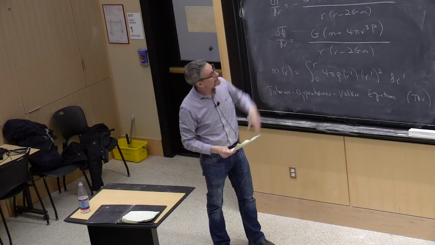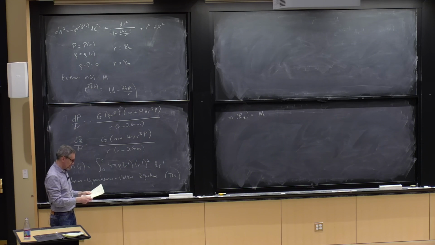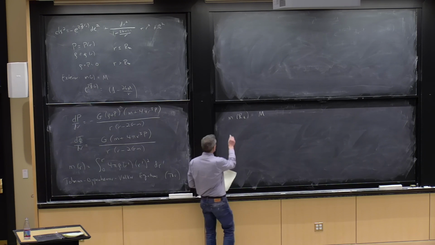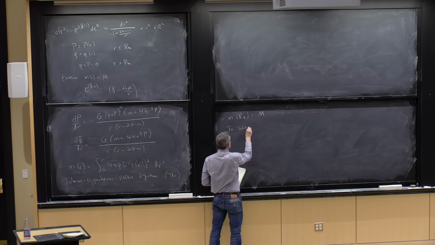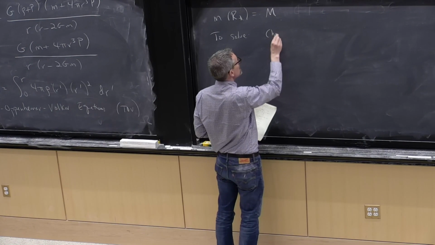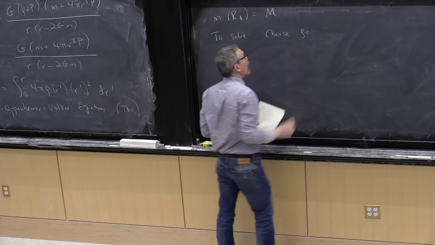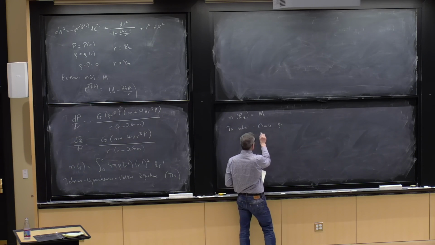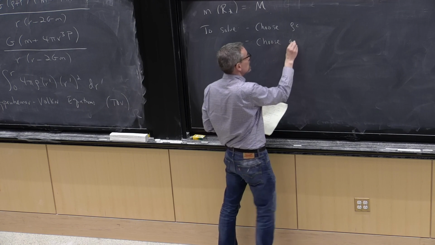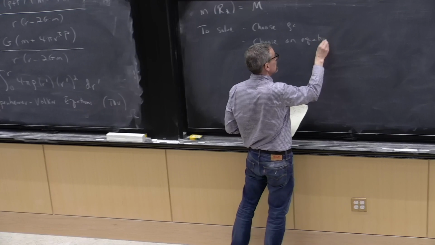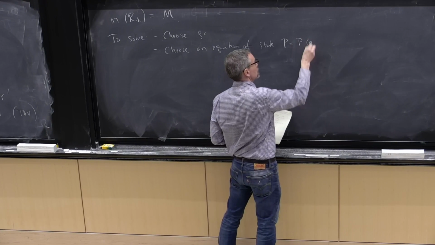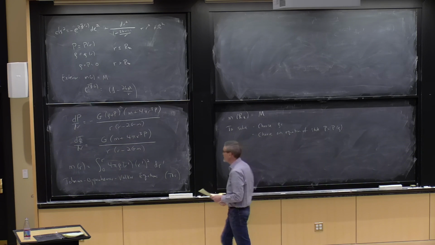Once you integrate up, you switch over to the total mass that is used in the exterior of this star. If you wish to solve these equations, what you basically do is choose a central density. You have to choose an equation of state, which allows you to relate the pressure to the density.